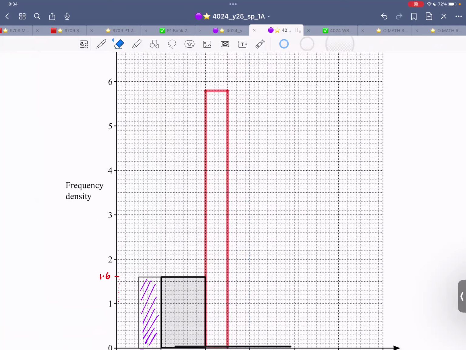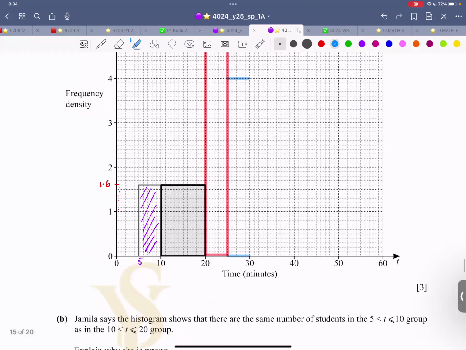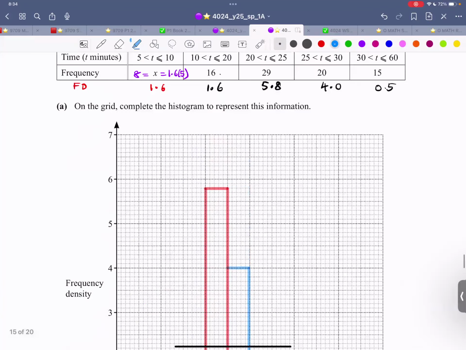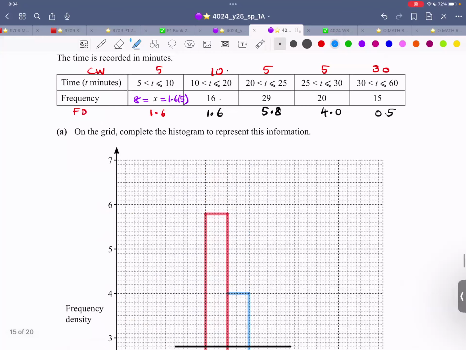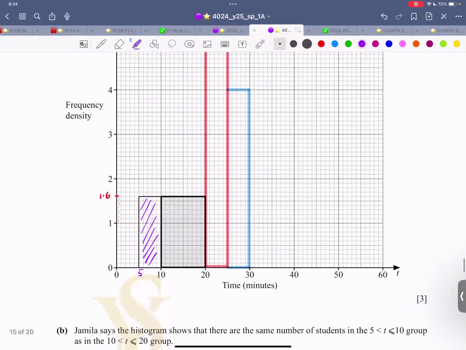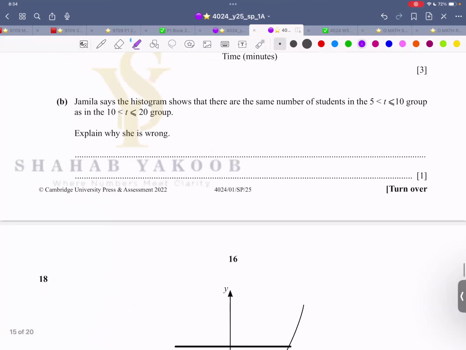Okay, this thing is done. And then the last one, 30 till 60, that is 0.5. So now that's how it's done. All good.